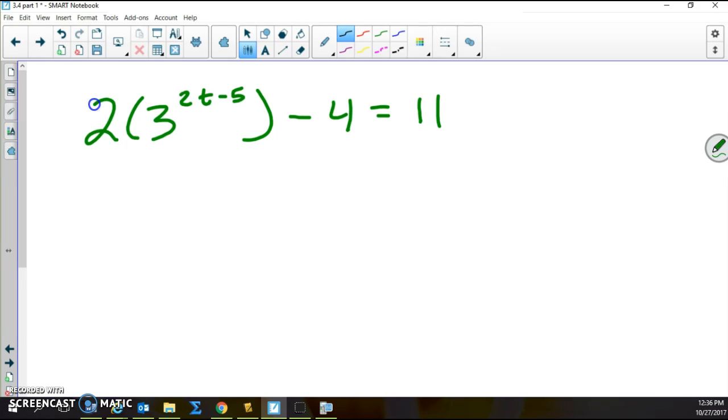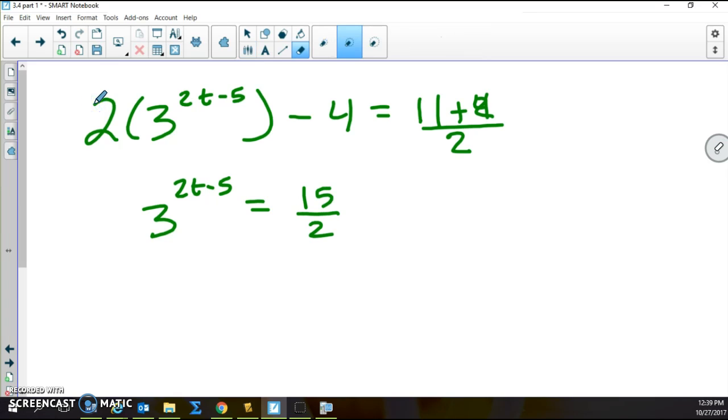So we're going to add 4 to both sides and divide by 2. And that would give us 15 halves. So we end up with 3 to the power 2t minus 5 equaling 15 halves.